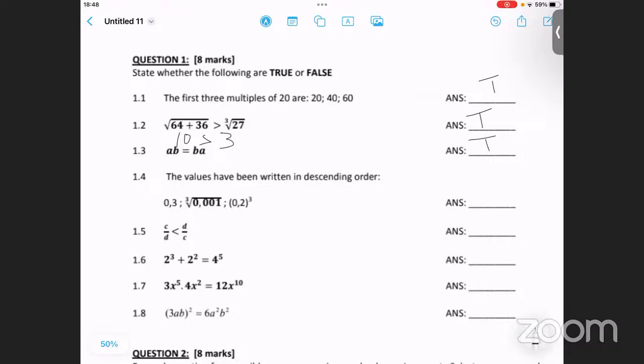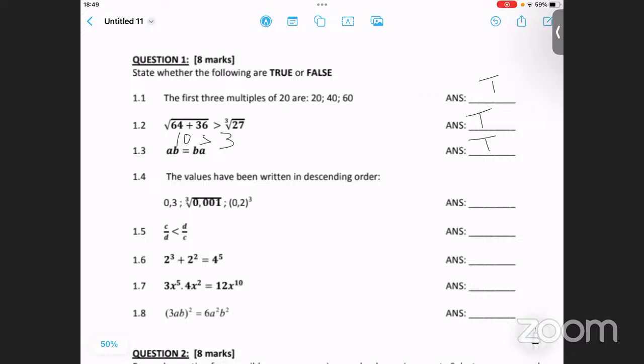Ma'am, is it from biggest to smallest? Is that your answer? I think that's my answer, ma'am. Okay, yes, it's correct.